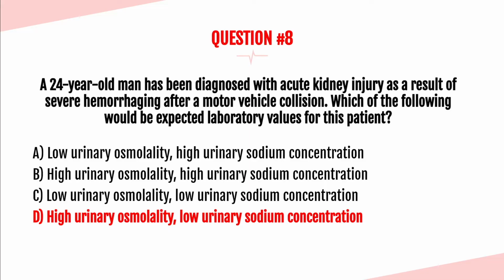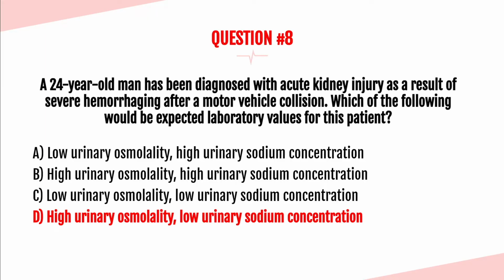With this patient, what kind of renal failure are we looking at here? Is this a pre-renal, an intrarenal, or a post-renal picture? With the information that we're provided, I would focus on the severe hemorrhaging aspect, which leads me to believe that this is a picture of renal hypoperfusion. So this would be a pre-renal failure.